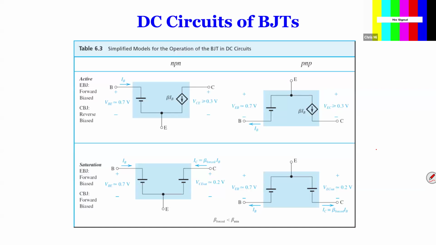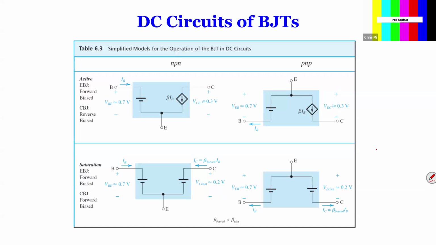If you look at the DC circuit of a BJT, we have two operation modes. One is the active mode, and the other is the saturation mode. The equivalent circuit for the active mode is that VBE is 0.7, VCE is larger than 0.3, and IC is beta times IB.